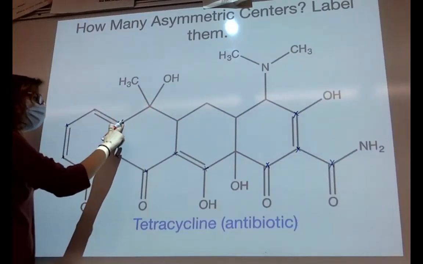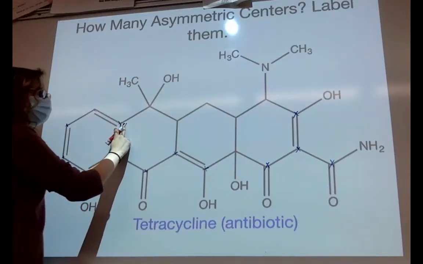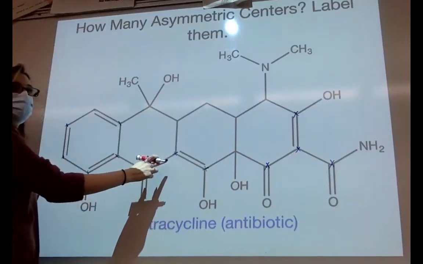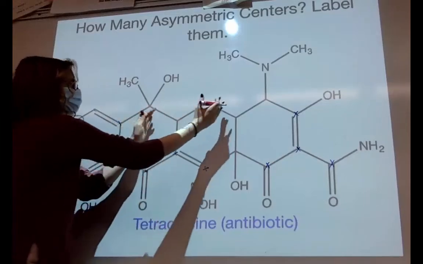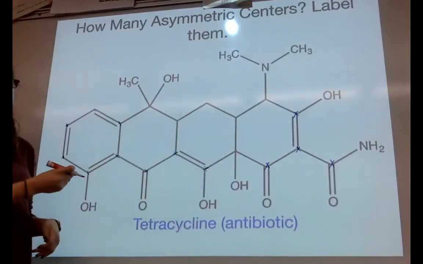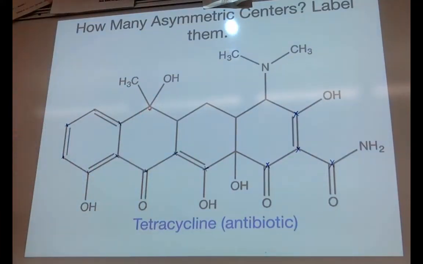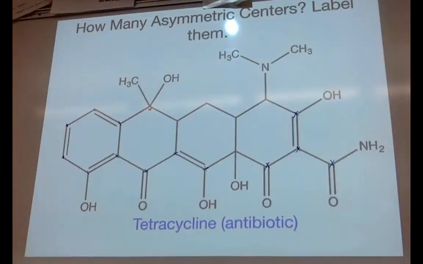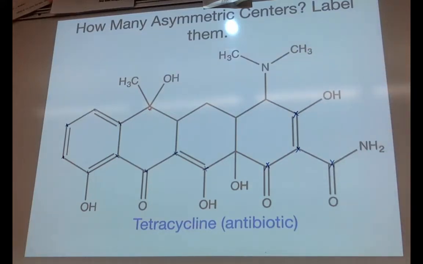This is attached to a carbon that is double bonded to something else and single bonded to something else. This is attached to a carbon that's single bonded. So basically you're asking, do these sides of the ring look different? Yes, that's a chiral center. That's the question you want to ask yourself as you look through. Do each side look a little bit different?